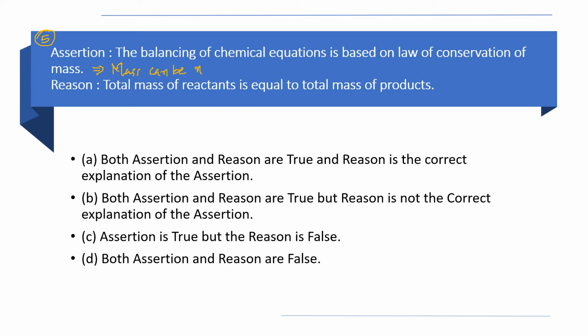Chapter 2, class 9. Now the reason: total mass of reactants is equal to the total mass of product. Of course, both the statements are right. So both assertion and reason are true, and reason is the correct explanation of assertion.